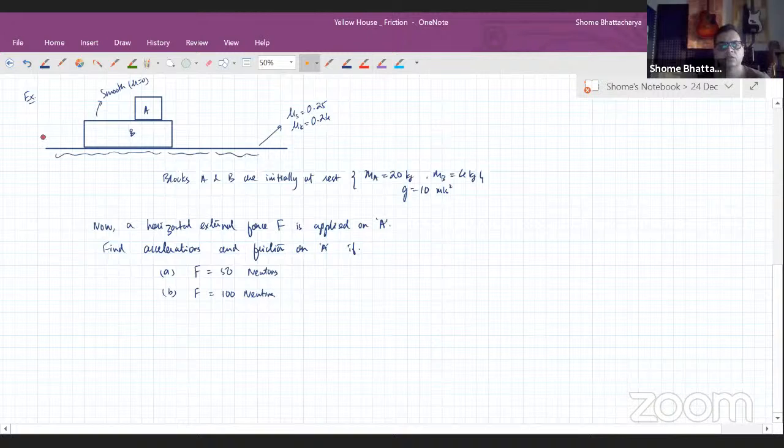So let us see this question. Suppose we are pushing this block B with a horizontal external force F, whereas initially the system is at rest.